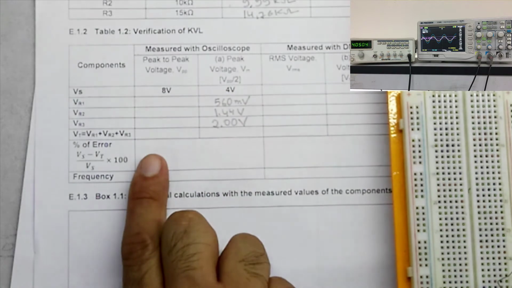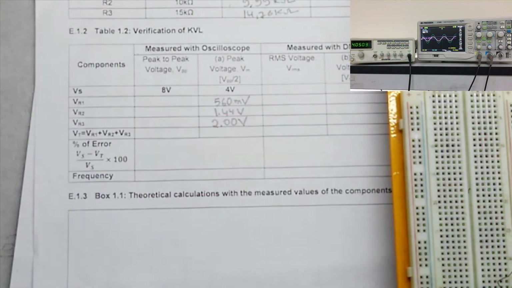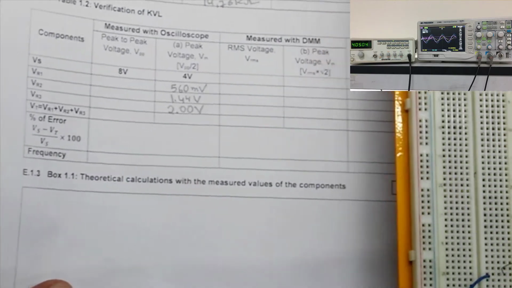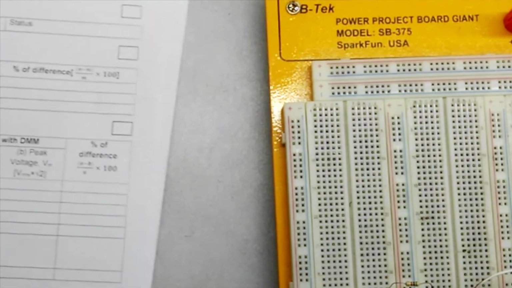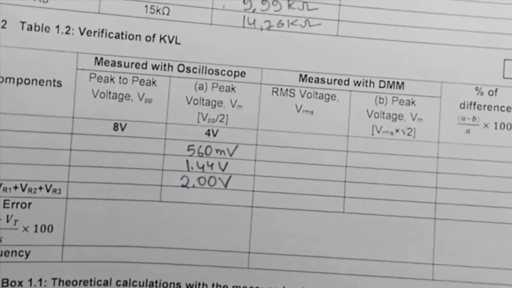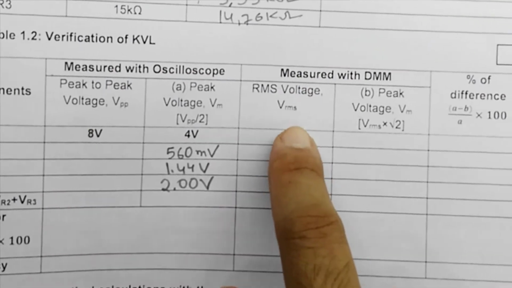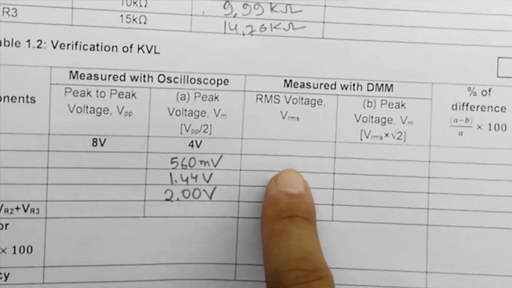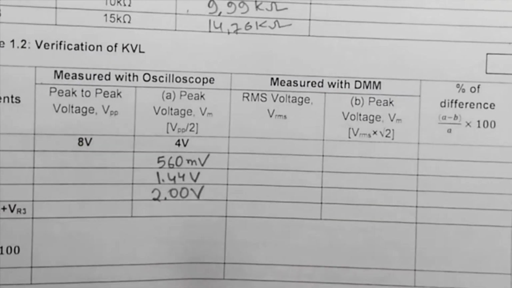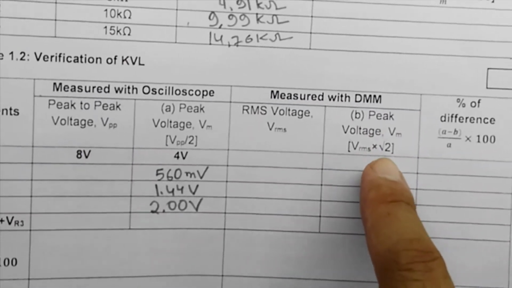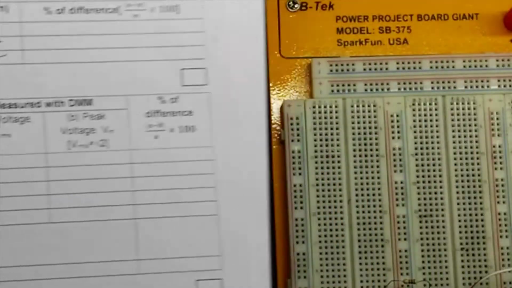Now we have to measure the same values using DMM, which we are going to do now. DMM always gives result in RMS for AC signals, so we will be filling up this table using our DMM, and then we can calculate the peak voltage using this formula shown here.